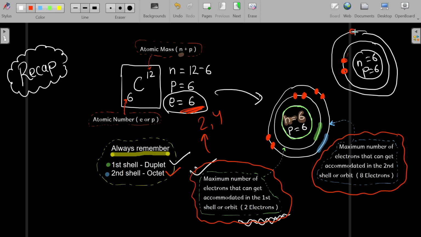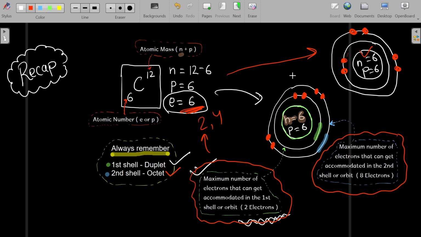So we can simply put the leftover electrons over here. This is how our electronic configuration for carbon has got completed, where you show the nucleus and also show how the electrons are arranged in the orbits. And this is how you can make a perfect electronic configuration by looking at the subatomic particles of carbon.